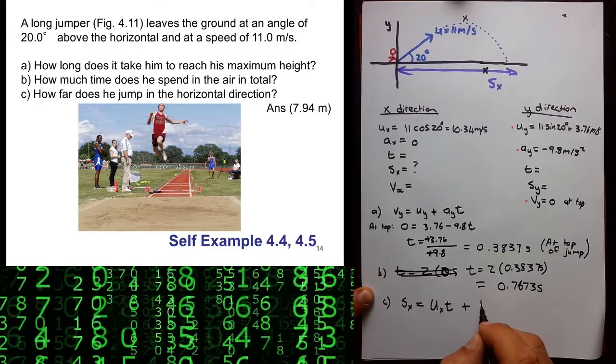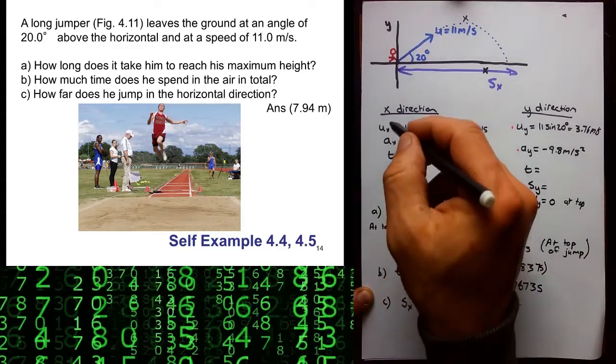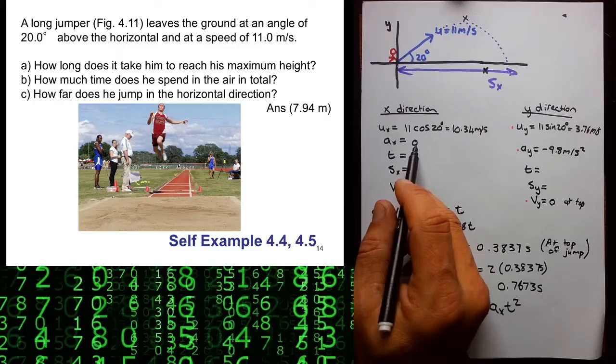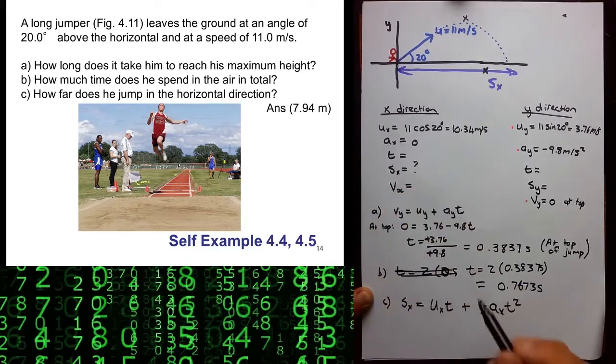plus half axt squared. If we look at the values that we have, ax is in fact 0. Because ax is 0, it means the second term is going to fall away.